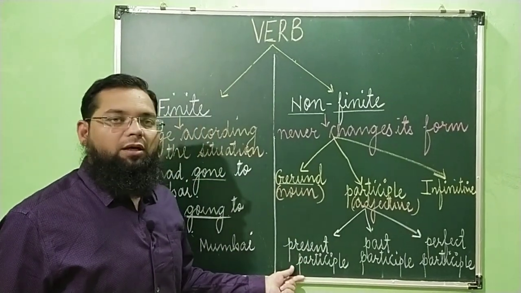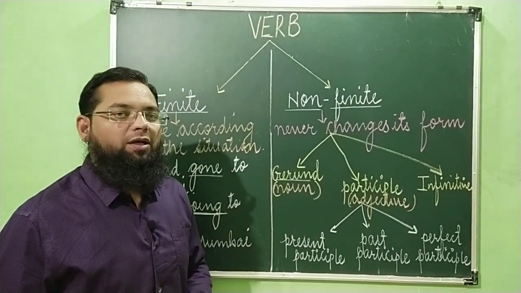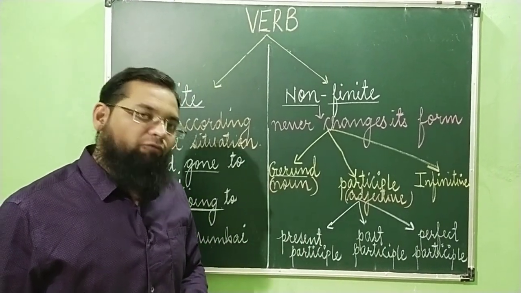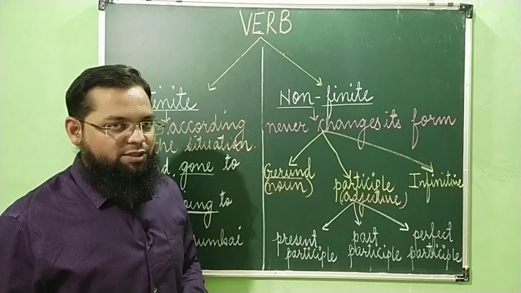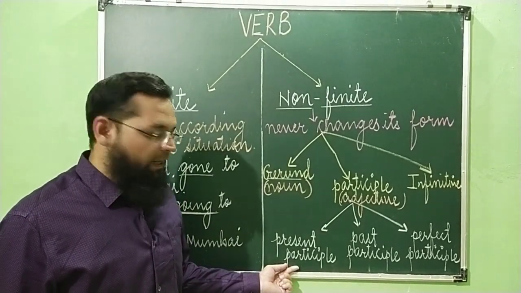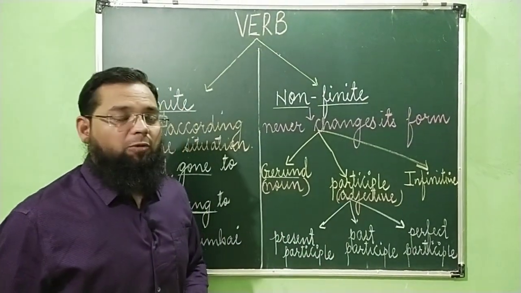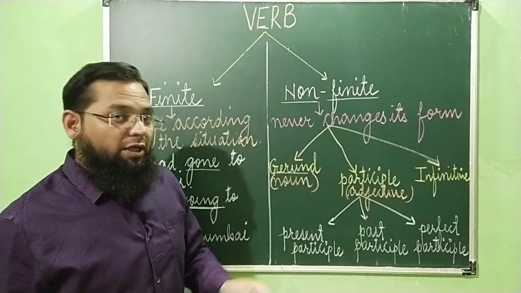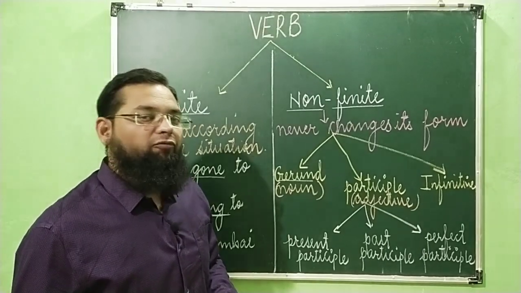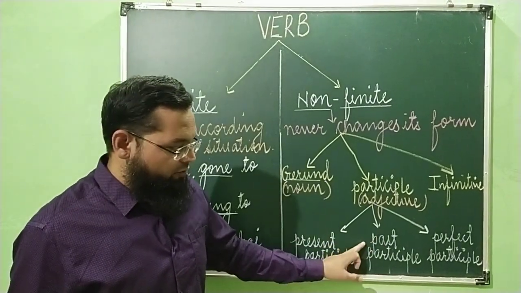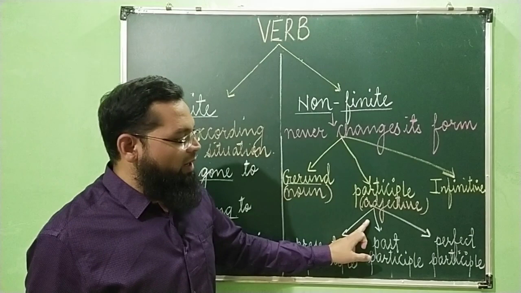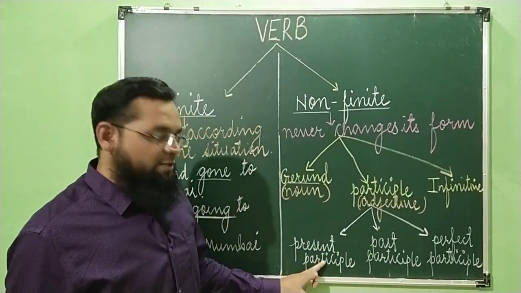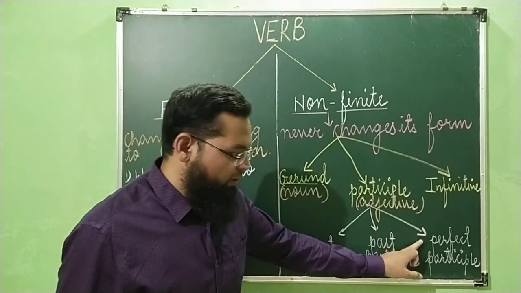Present participle will also be the ing form of the verb, but it will not be used as a verb, it will be used as an adjective. Past participle will be the third form of the verb, but it will not be used as a verb, it will be used as an adjective. And the third kind of participle is perfect participle.